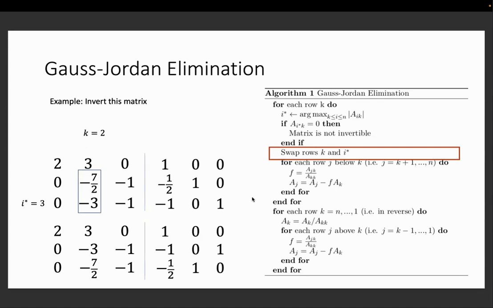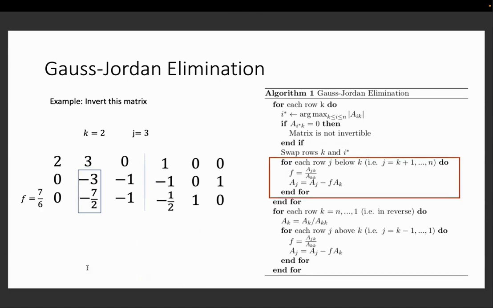So because I assume that the maximum value here is minus 3, which is not true, so I just change the third and the second row here, and then we have another for loop, which the j can be from 3 up to 3, so we just need to compute these ones.